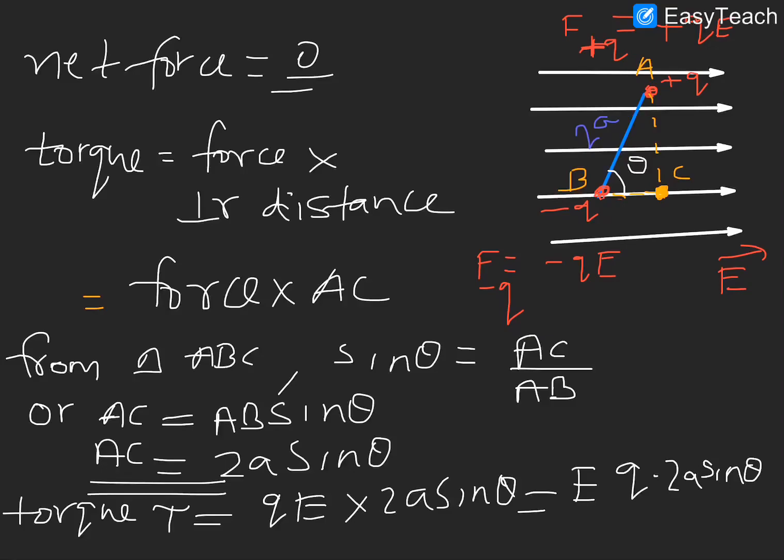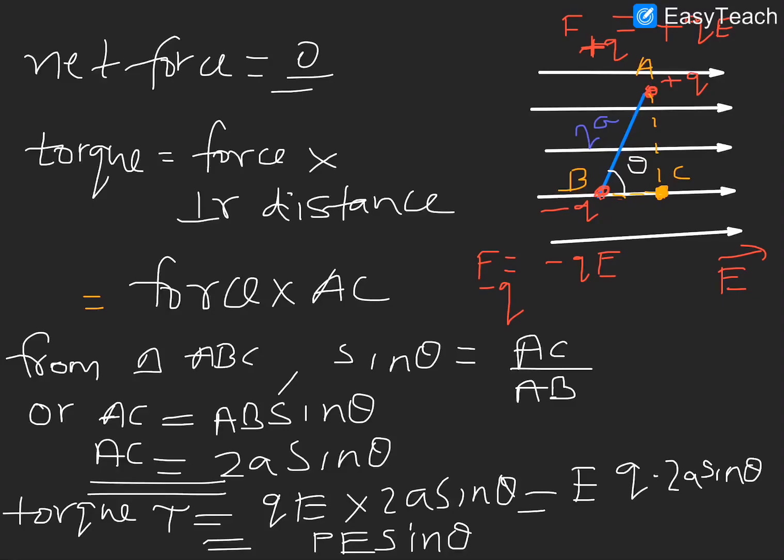I am just rearranging. Now what is Q into 2A? This quantity you already know, Q into 2A is P, the dipole moment. So this quantity is P into E into sin theta. So the expression for torque is P into E into sin theta.